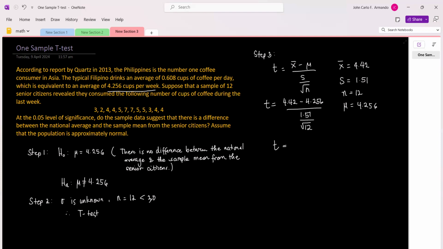Okay, that is 0.376. Okay, that is our value of the T statistic.